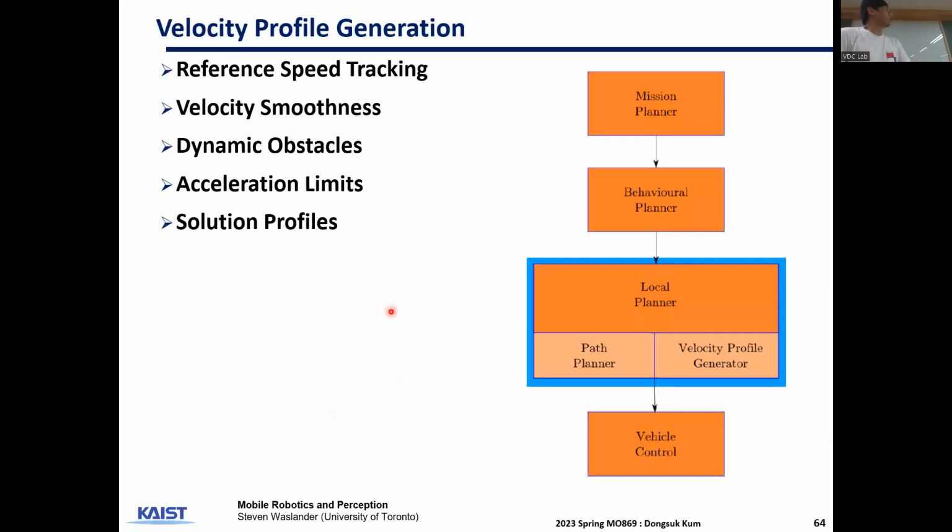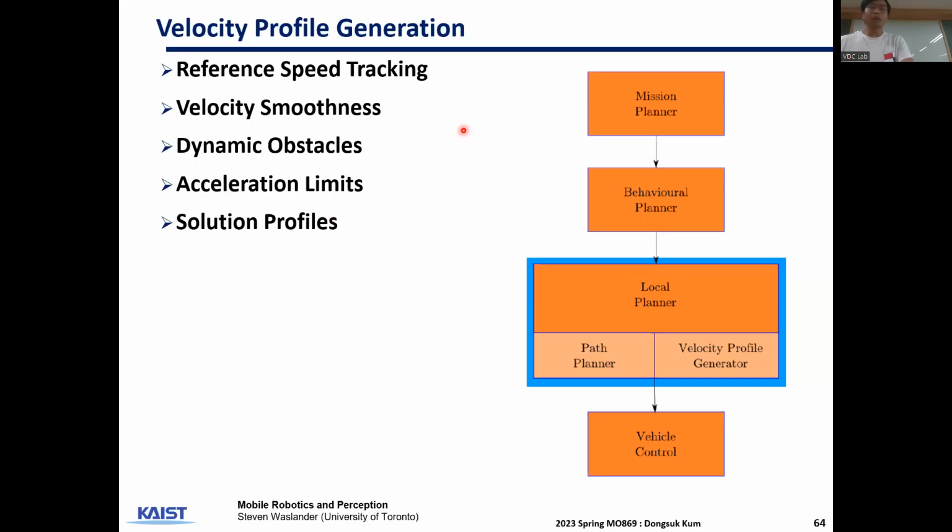Next is the velocity profile generation. For velocity profile generation, the main points are the reference speed tracking, velocity smoothness, dynamic obstacles, acceleration limits, as well as the solution profile.